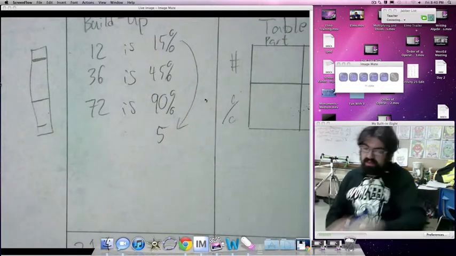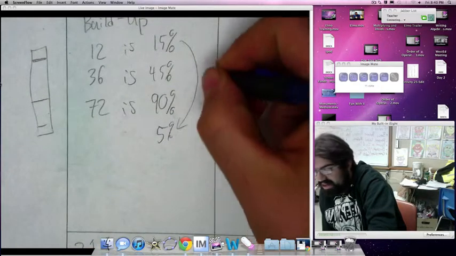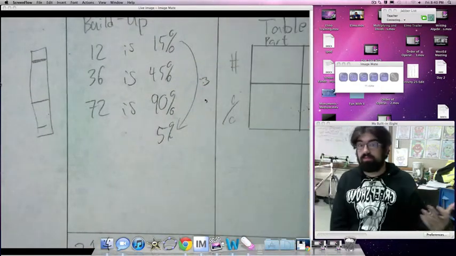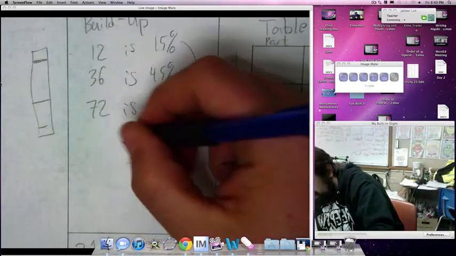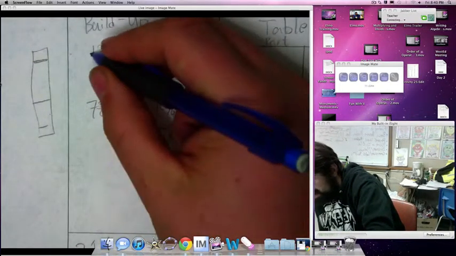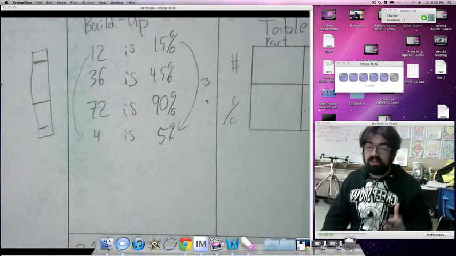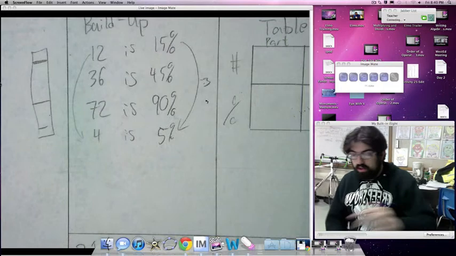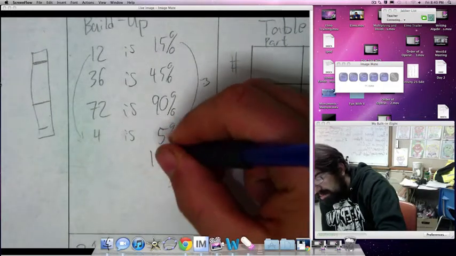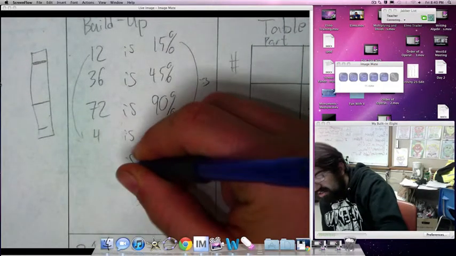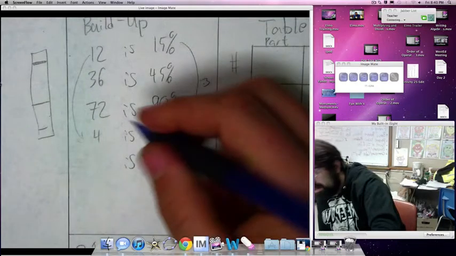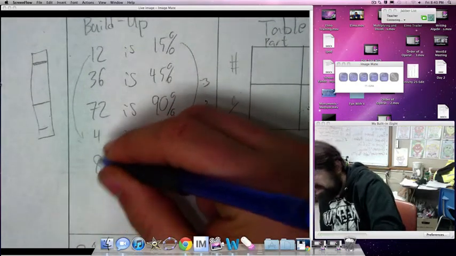How do I go from 15% to 5%? Well, I would divide by 3. Whatever I do on one side, I have to do on the other. And hey, that makes 4. So now we know 4 is 5%. Sick. That means 10% is, if I double 5, that turns it into 8.